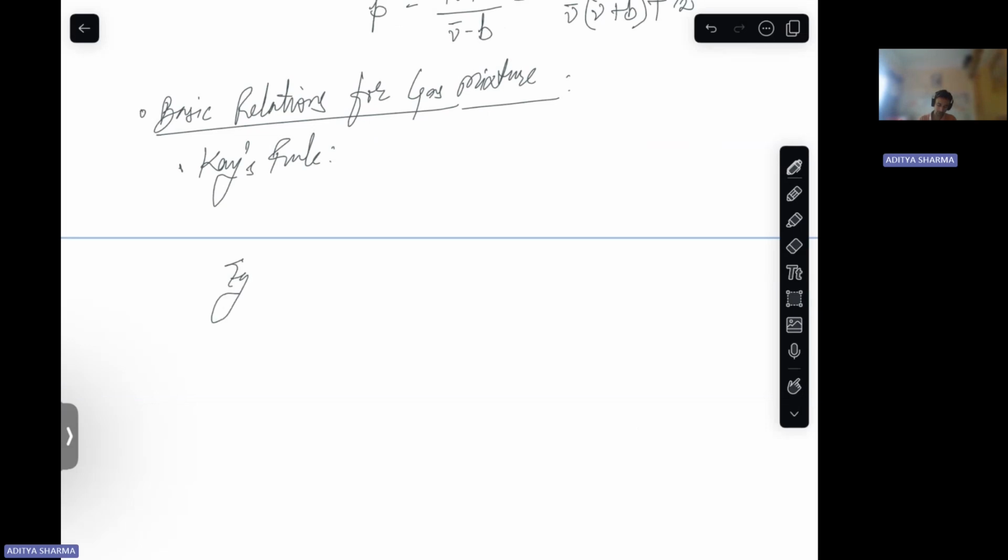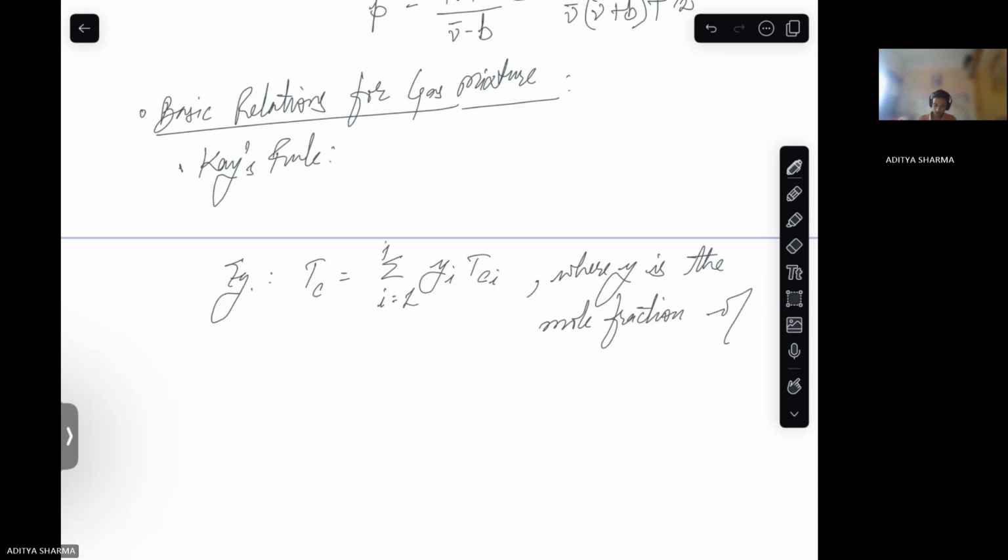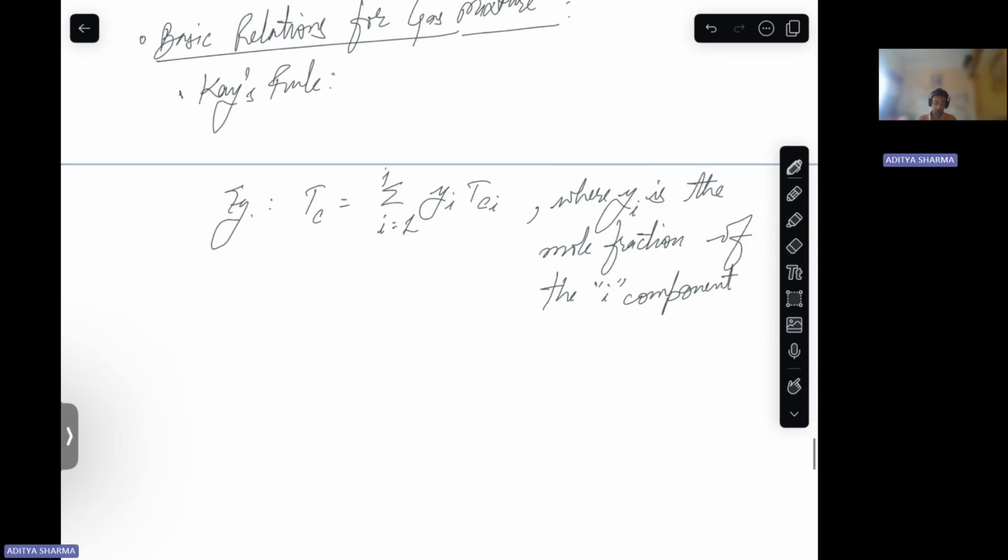One example I can give is, for example, if you want to find the critical temperature of the mixture as a whole, using Kay's rule we can do it this way, where y_i is the mole fraction of the i-th component. Right? This is your Kay's rule.